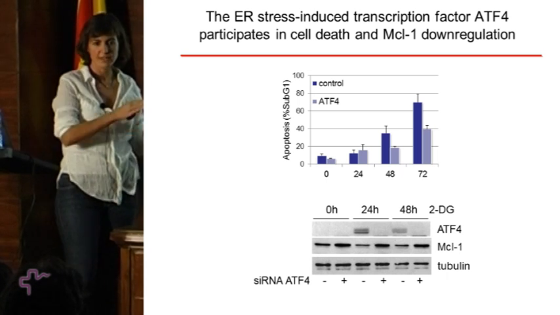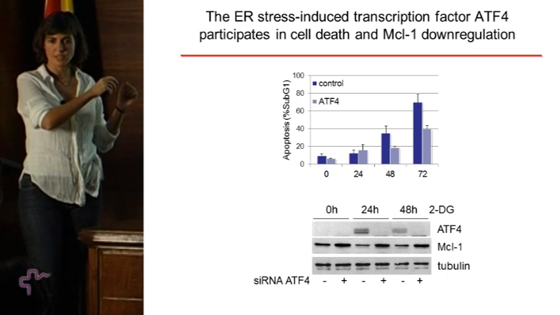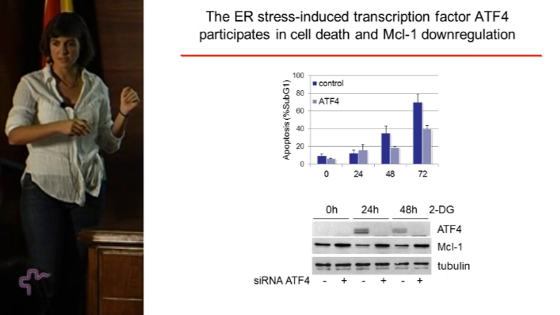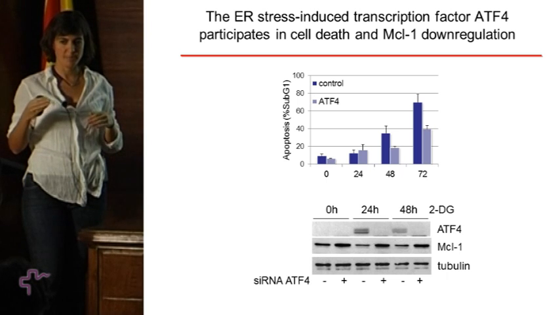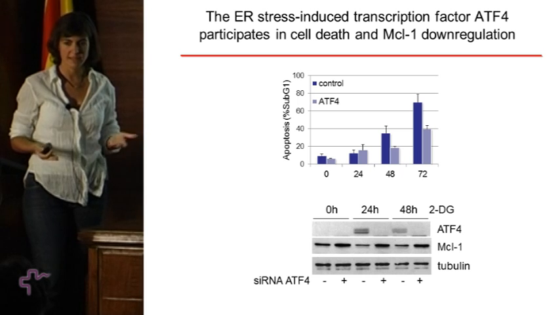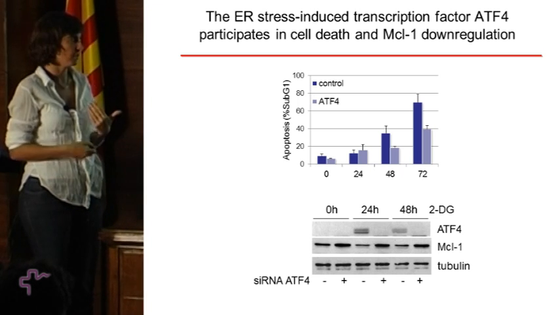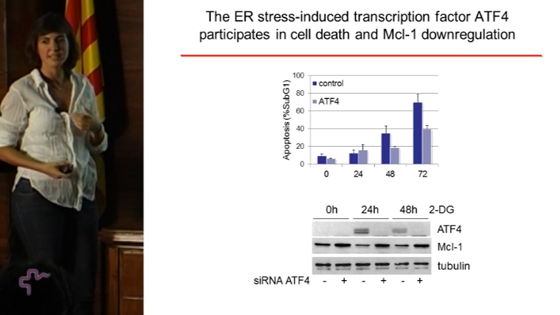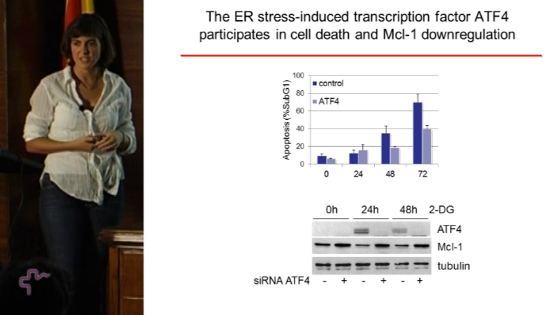So at this point, we have a pathway in which 2-deoxyglucose inhibits glycosylation. This produces ER stress. ER stress induces the PERK ATF4 pathway, and somehow this leads to the upregulation of NOXA, especially the downregulation of MCL1, and cells undergo mitochondrial permeabilization and they die.